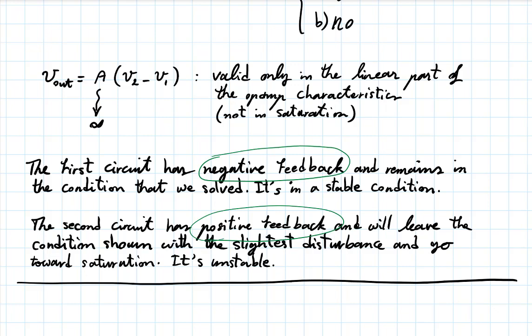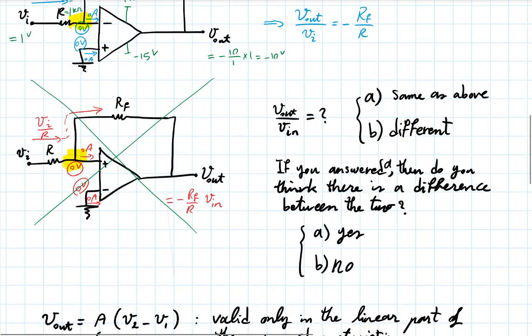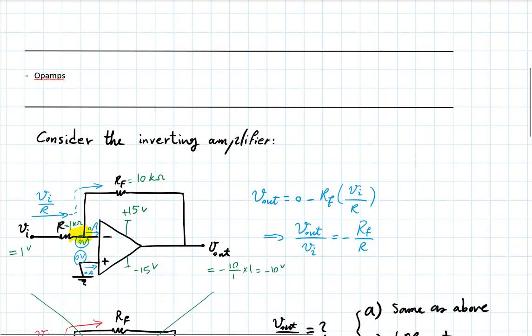But the point is that once you find this solution, you will see that V out is well defined, is not defined by the op-amp itself, is not defined as 0 times infinity, but is defined by what the resistors dictate in the circuit. So it's not ill-defined. It's well-defined by the rest of the circuit. That's the key.